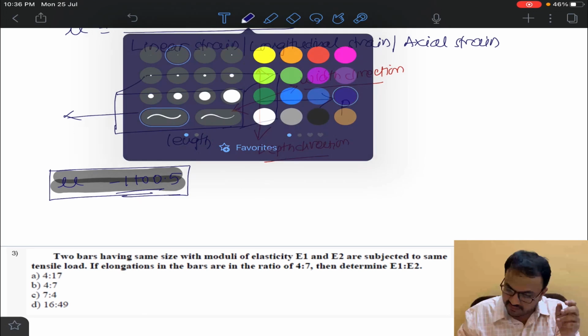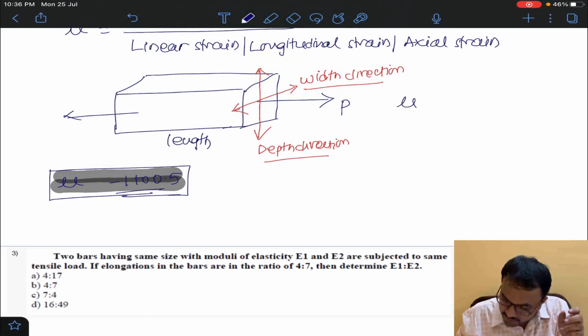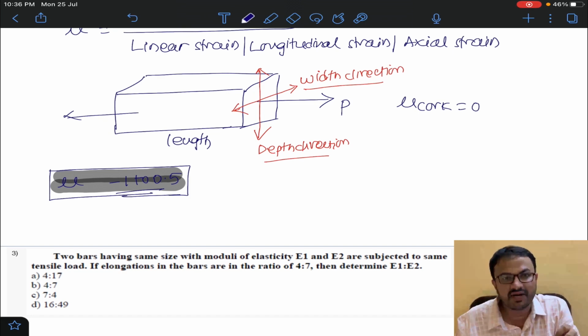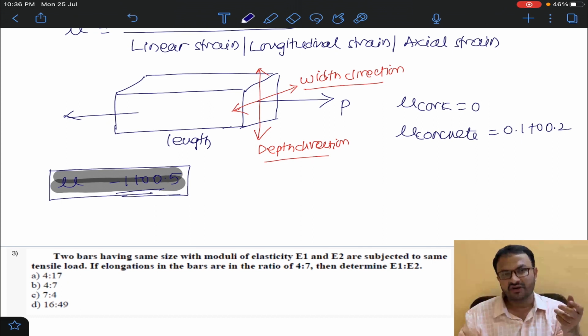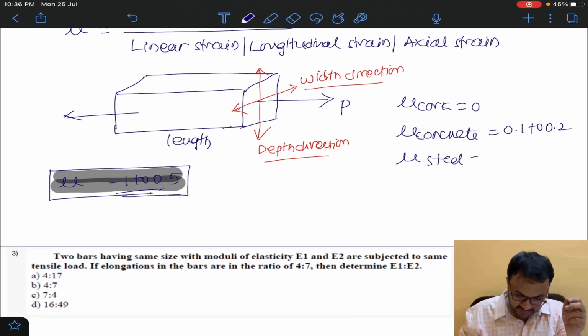I am writing some values. Mu cork is equal to 0, that is Poisson's ratio for cork material is 0, and mu concrete is equal to 0.1 to 0.2. And mu steel is 0.27 to 0.3, and mu aluminium is equal to 0.33.